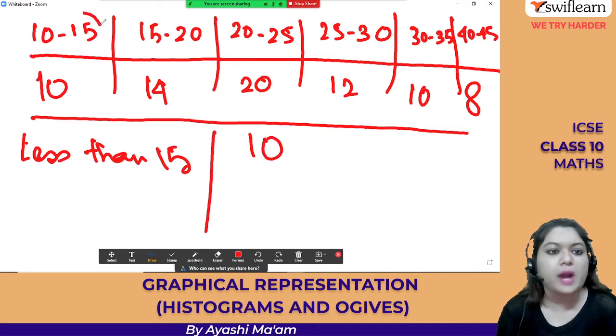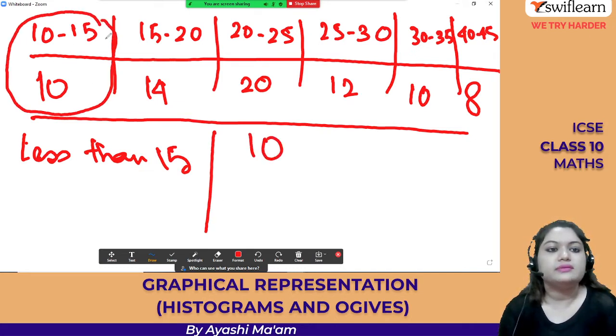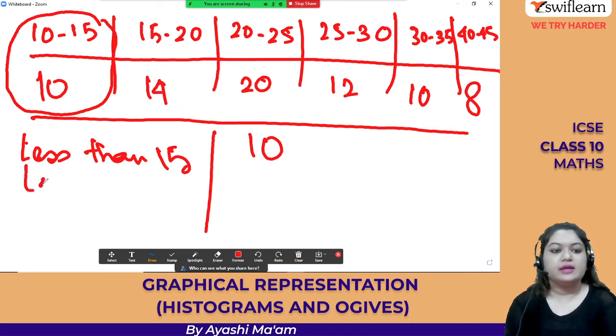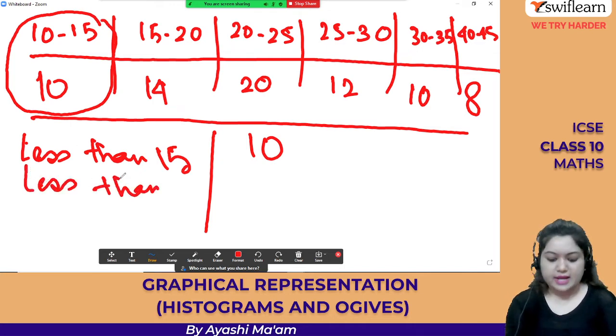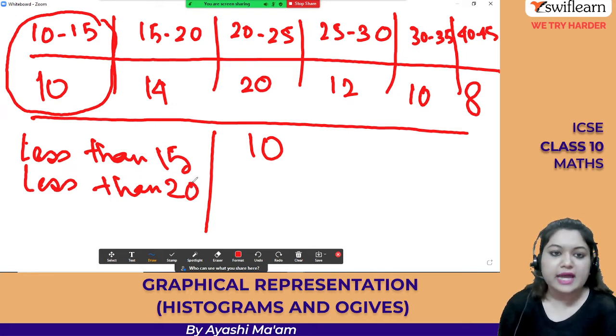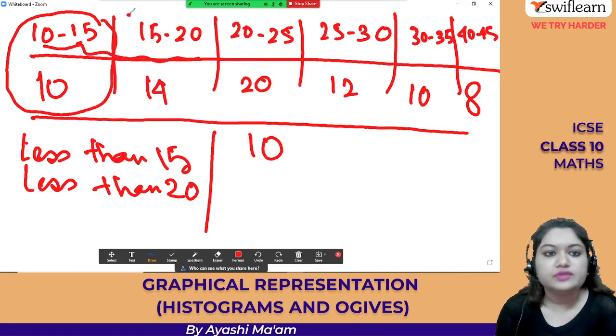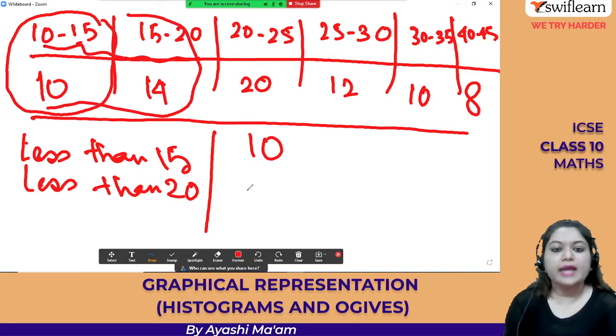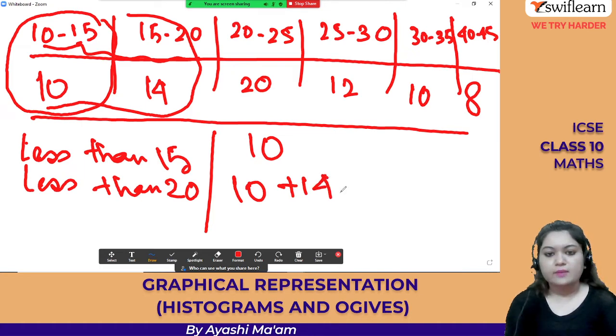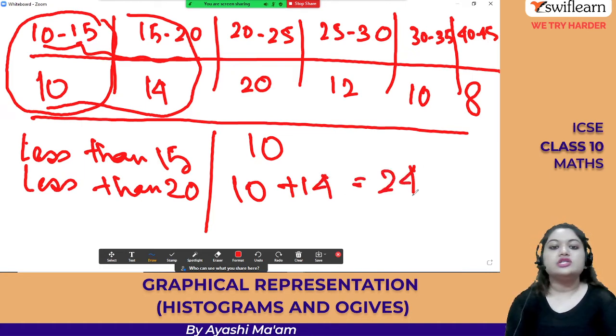This part is less than 15, right? So it will be 10. Then we can go for less than 20. Less than 20 means these two, right? So 10 plus 14, that is 24.